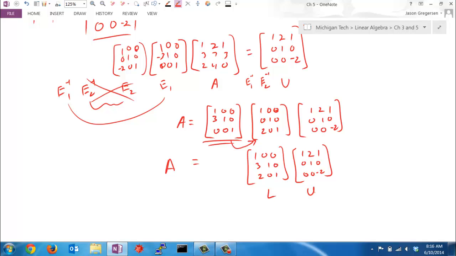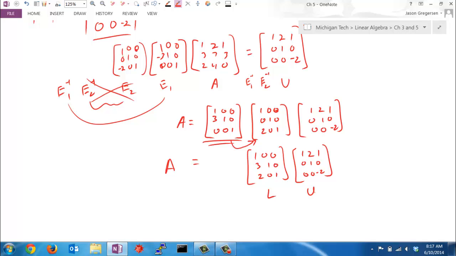What's the determinant of L? 1, right? Because it's lower triangular, so it's the product of diagonals. What's the determinant of U? -2. So, of course, the determinant of the product is 1 times -2, which is -2, which is, of course, what we got above as well. So this is a very computationally useful factorization.